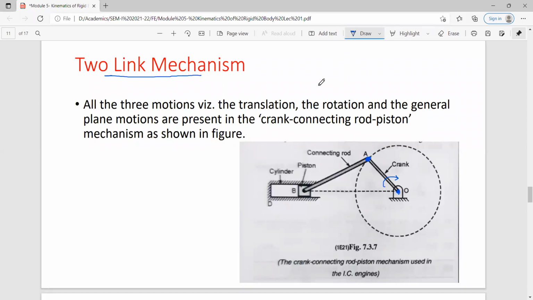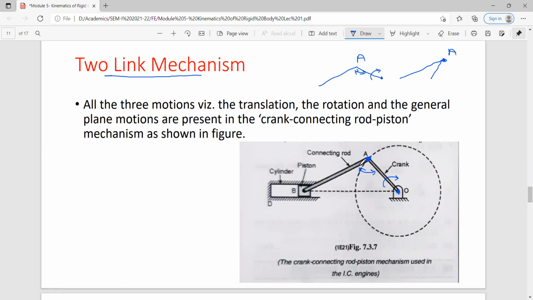So suppose this is my connecting rod and this is the crank. What will happen after some time when the crank moves? Say the crank will come here and this connecting rod will be like this at point A. The angle between the connecting rod and the crank will change.